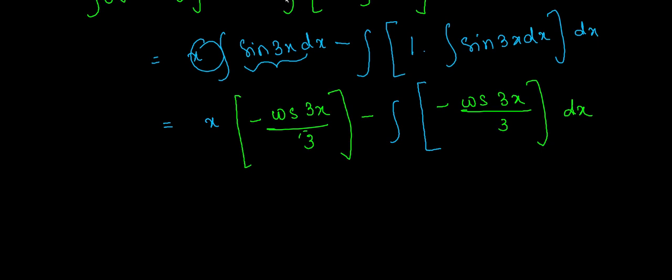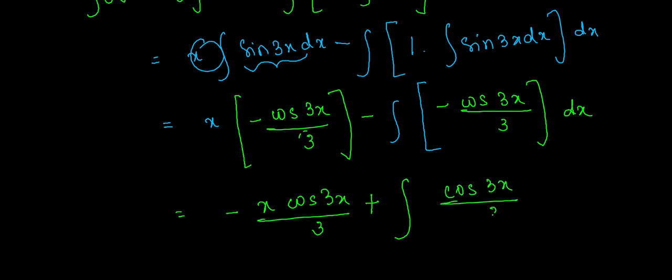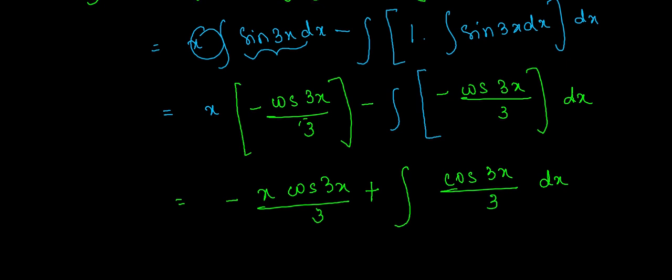Now this whole thing can be written as minus x cos 3x divided by 3, and then you have minus into minus, plus integration of cos 3x divided by 3 into dx.